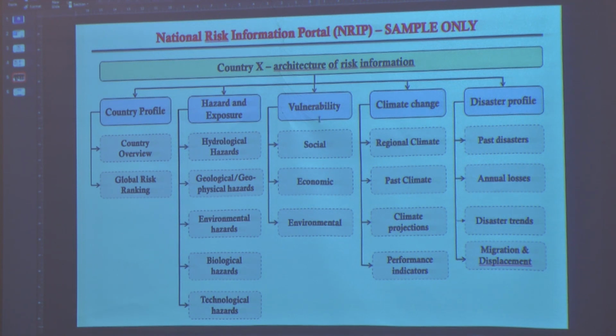Recognizing that vulnerability, for example, is a very complex topic, has different definitions applied in different ways, say, for instance, for targeting for social protection versus vulnerability to, say, flood risk or biological hazards. So what the NRIP would do is essentially put all the information collected on vulnerability in a country from multiple sources in one place.